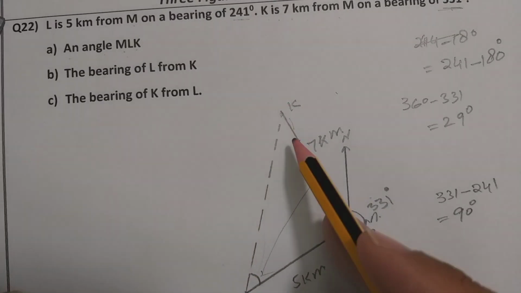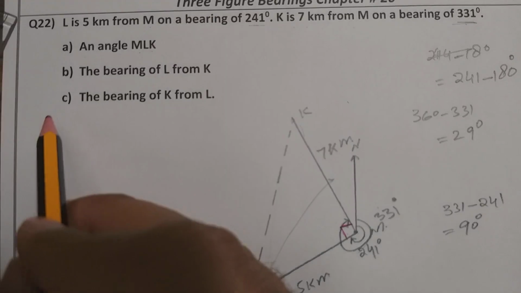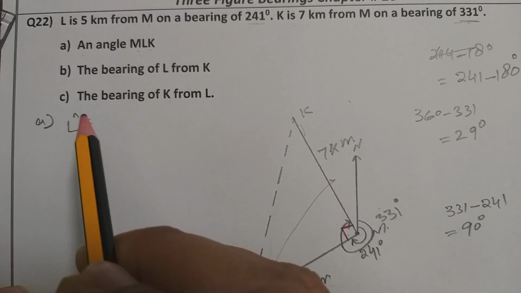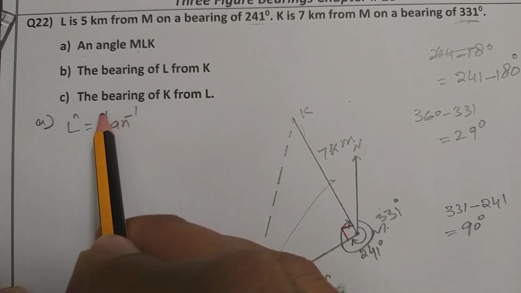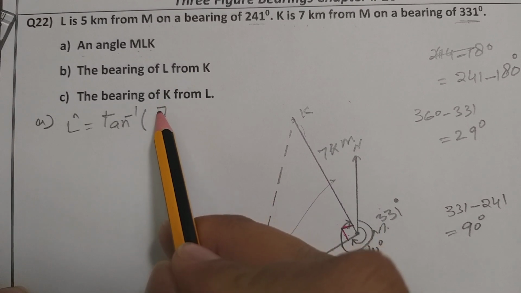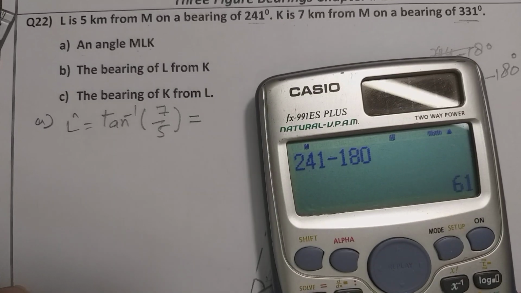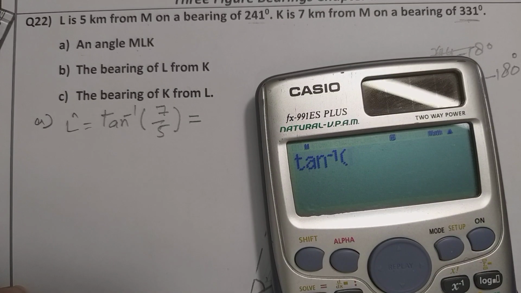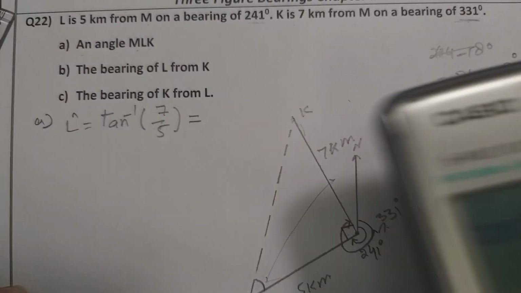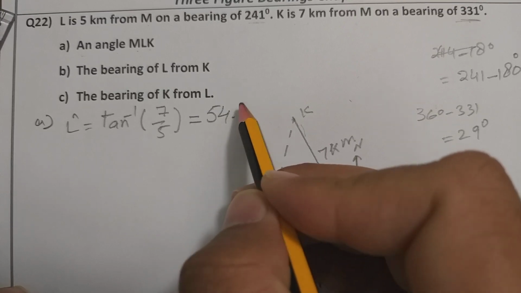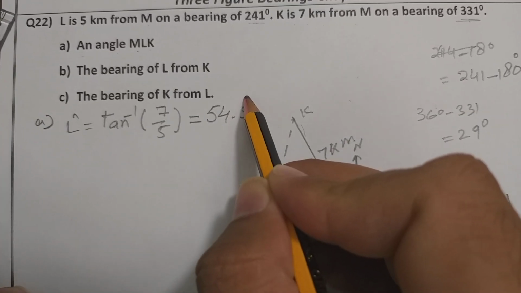Now in part A, we use tan inverse: angle L equals tan inverse of opposite 7 over adjacent 5, which is, shift tan 7 over 5, gives you 54.46, and we can round it to 54.5 degrees.